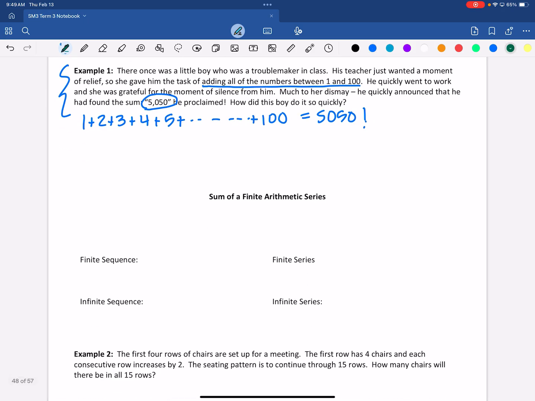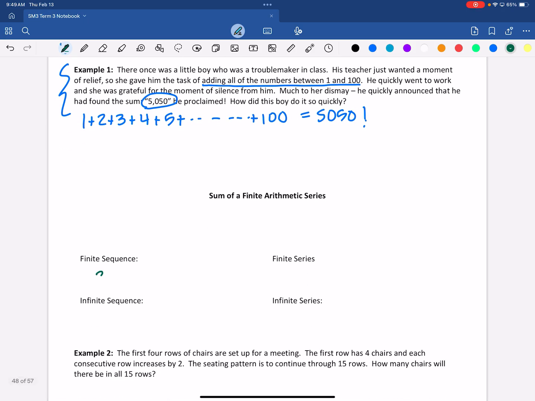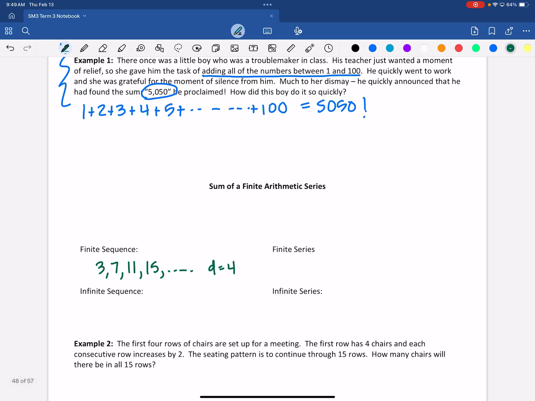So let me show you a couple examples, then we'll come back up and actually show that we can do that. So a sequence, let's say we have 3, 7, 11, 15. Can you guys recognize the pattern with that? Yes. Good, the common difference is 4. Perfect.